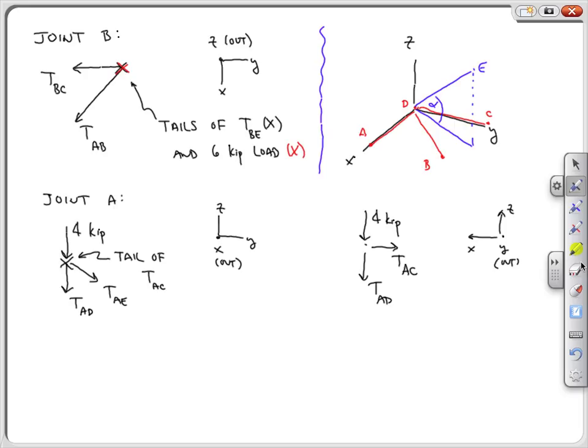Imposing equilibrium in the x direction tells us that TAC is a zero-force member. Imposing equilibrium in the z direction tells us that TAD carries a compressive load equal to 4 kip.